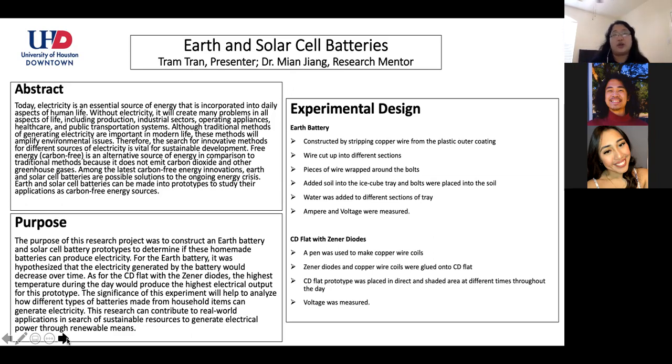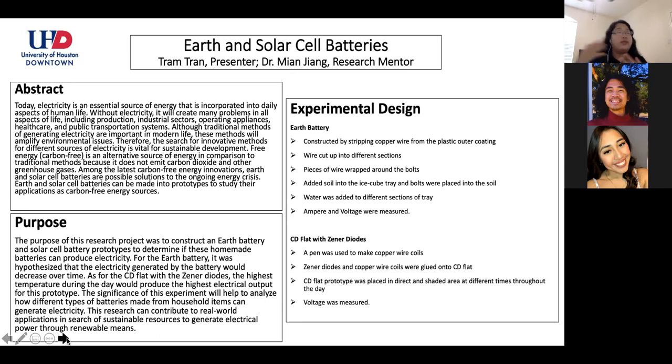Since it's a major component of modern life, generating electricity can also amplify environmental issues we are currently experiencing, such as climate change. The purpose of this research is to build Earth battery and solar cell battery prototypes on a smaller scale to see if homemade batteries can produce electricity.